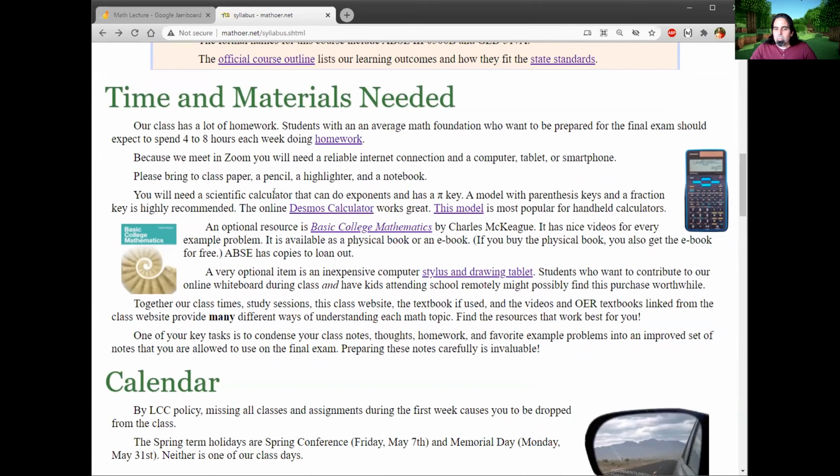Have with you paper and pencil, maybe a highlighter, a notebook. I'm not sure how you take notes. Some students take notes during lecture. Some students just use the recordings and the Jamboard afterwards, but you will want your own notes. If this was a graded class, you would only be allowed to use your notes on the final. So an important thing is to condense your notes into something small and useful.